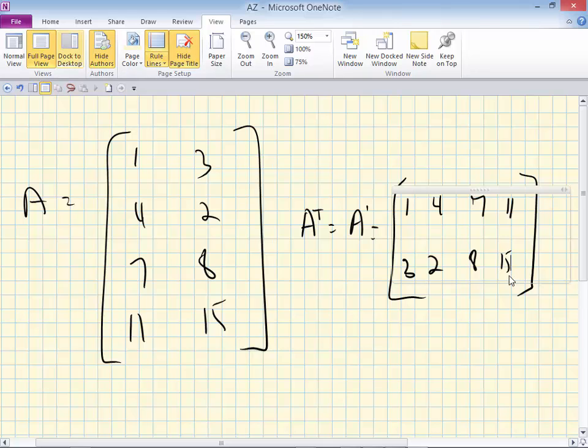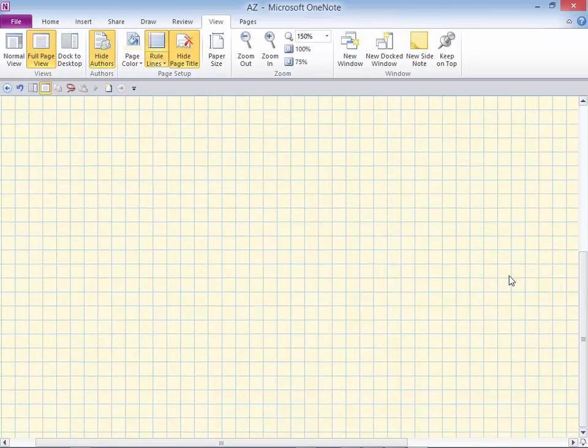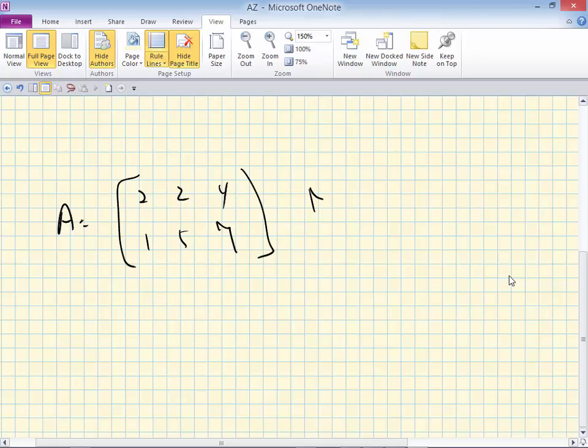All right, so let's say that A is equal to, and let's just keep life simple, 2, 4, 5, 1, 5, 7, and B is the same size matrix: 2, 4, 5, 6, 7, 8.